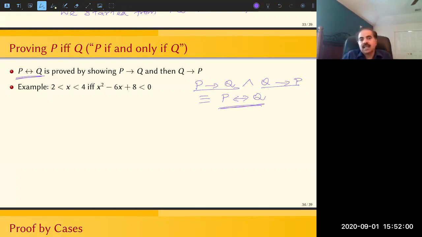It just says, you already know how to prove a two-way implication because it's just twice the work of one-way implication.